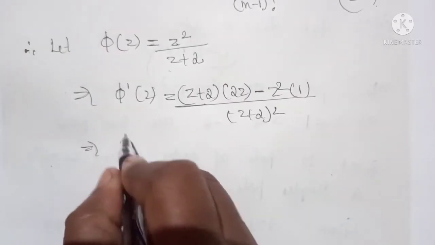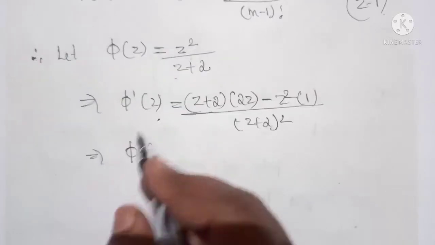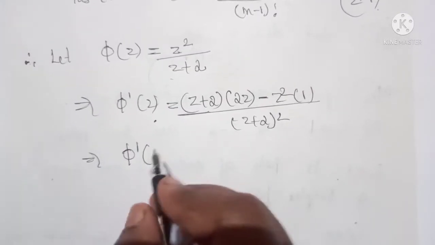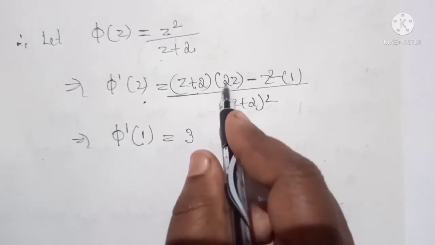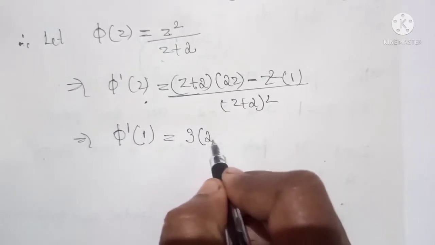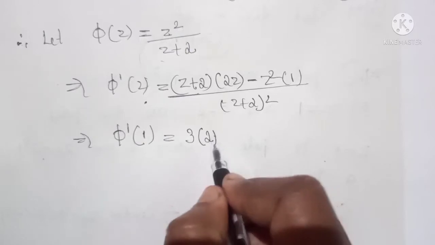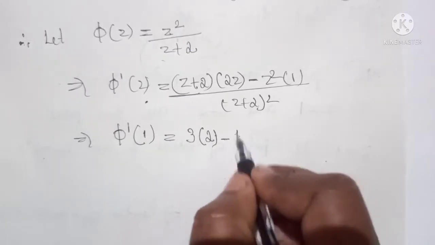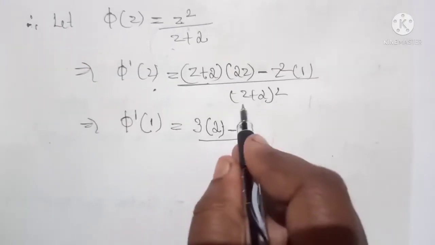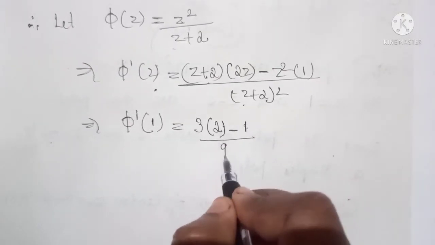Now phi dash of z at z equals 1: we get (1 plus 2) equals 3, into 2z, which is 2, minus z square, which is 1 square, equal to 1, divided by (z plus 2) whole square, which is 3 square, equal to 9.